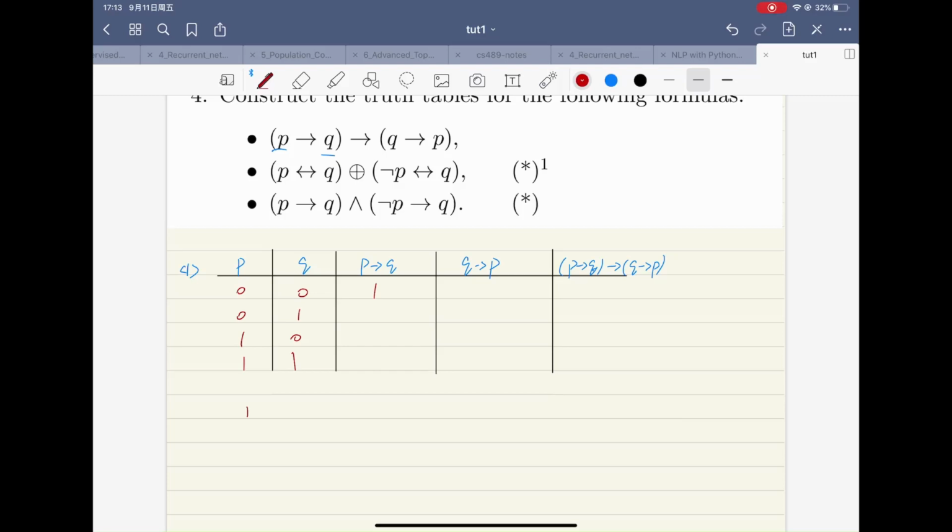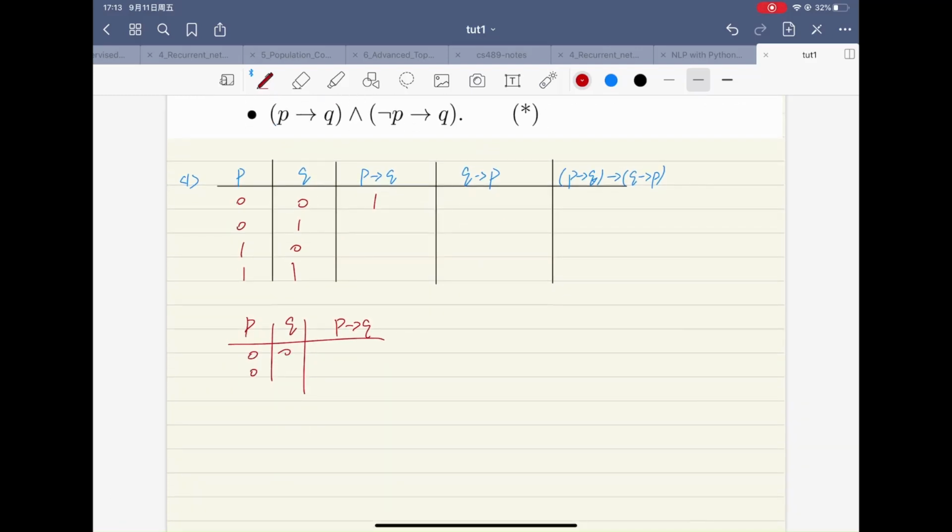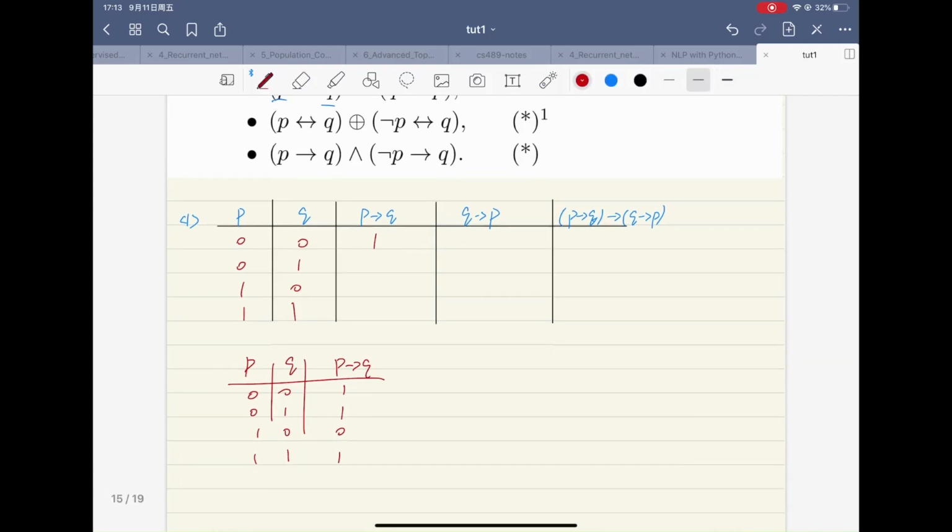Let's draw the implication truth table. False implies false, it's true. False implies true, it's true. True implies false is false. And true implies true is true. Then what do we have here? So it's true, false implies true is true, true implies false is false, true implies true is true.